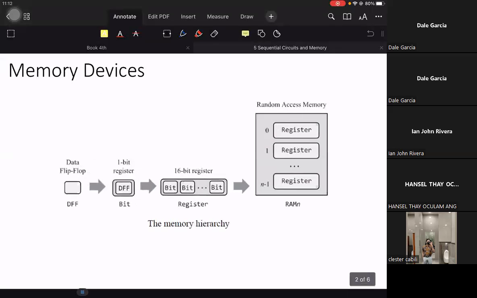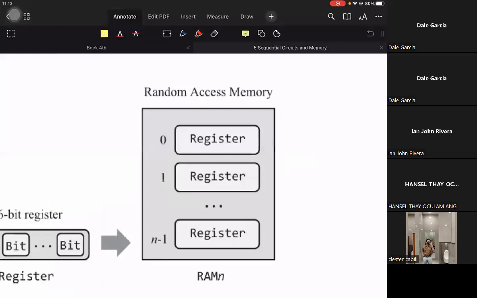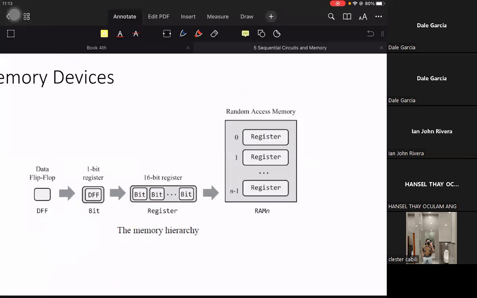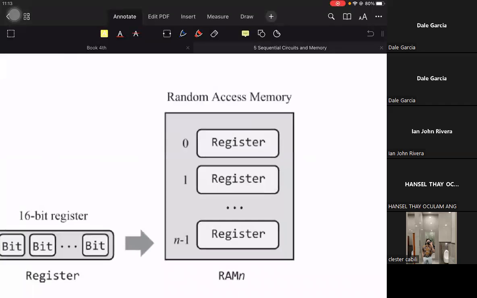So memory devices for us, we've known memory devices to be implemented with RAM, or random access memories. This is the hierarchy of the memory device, the RAM. RAM is basically just made up of arrays of registers.